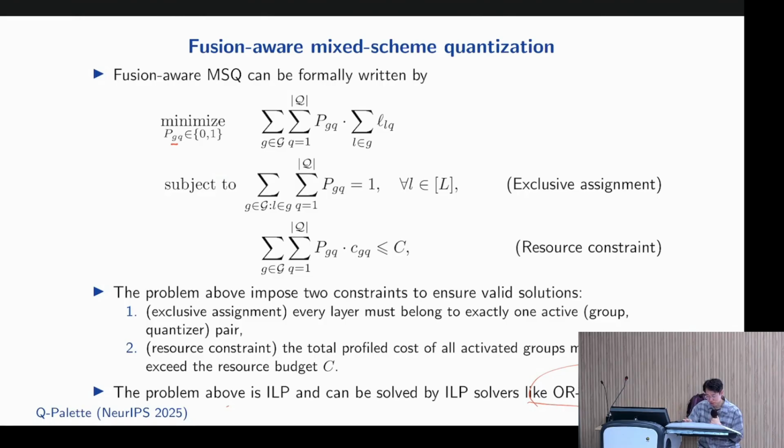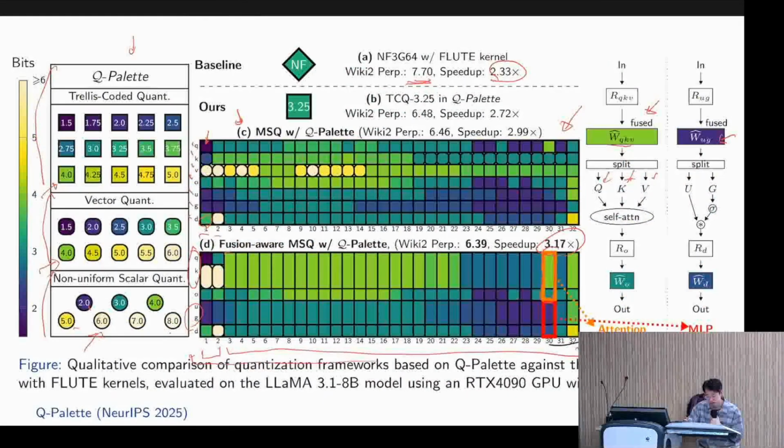So this gives you an algorithm where you can find the optimal mixed scheme quantization routine, where it automatically assigns the optimal type of quantizer, how many bits to allocate, and whether to group them or not on the target hardware.